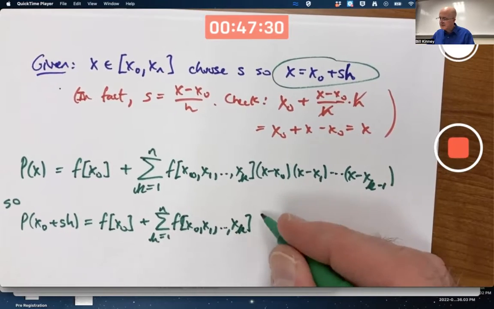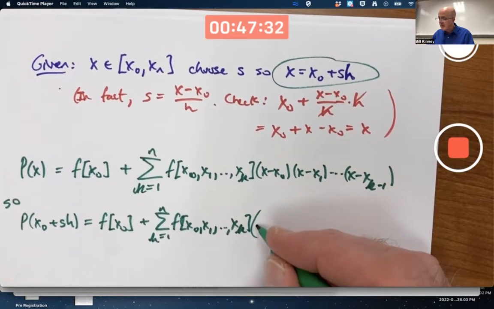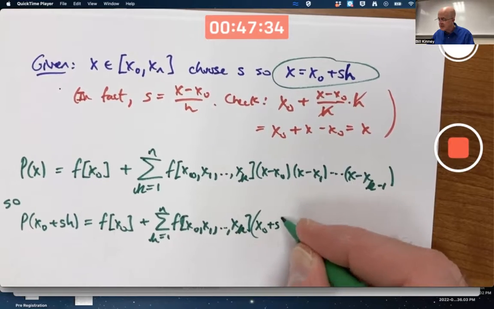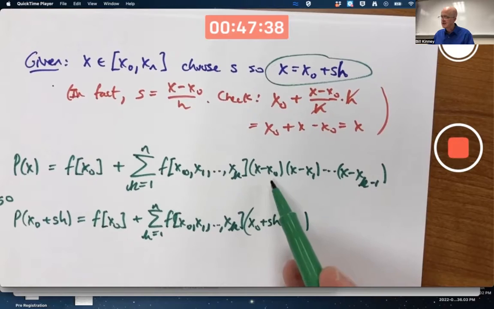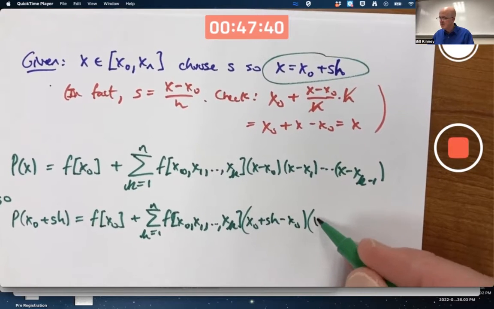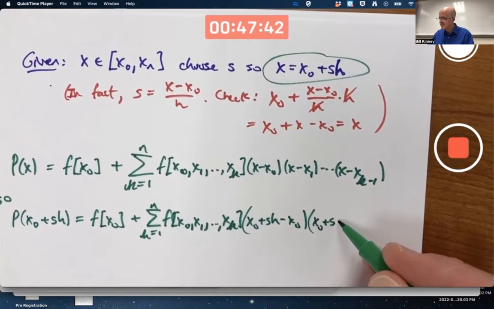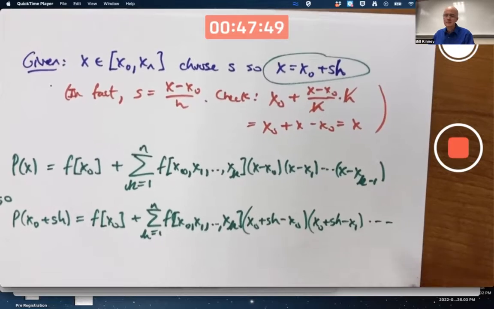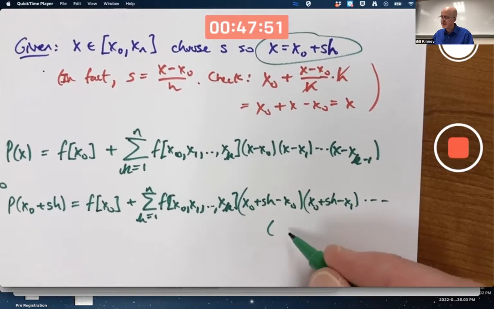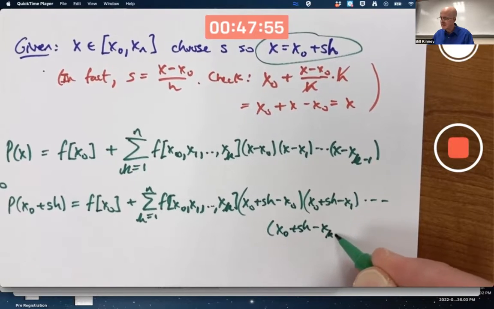So we'd get a bit of pain to write. x0 plus sh minus x0. I'm plugging into the first factor there. x0 plus sh minus x1, etc. The last factor is going to be x0 plus sh minus xk minus 1.